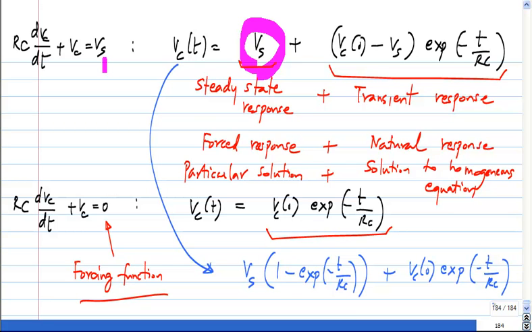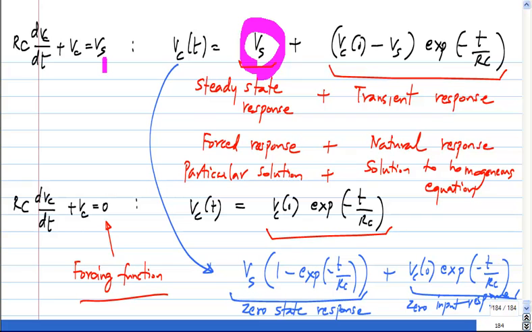We find that even for complicated circuits, as long as you have only one capacitor, you will be pretty much able to write down the solution by inspection if you understand these things. So this is known as the zero state response, and this is the zero input response. Okay, and the names are pretty obvious.